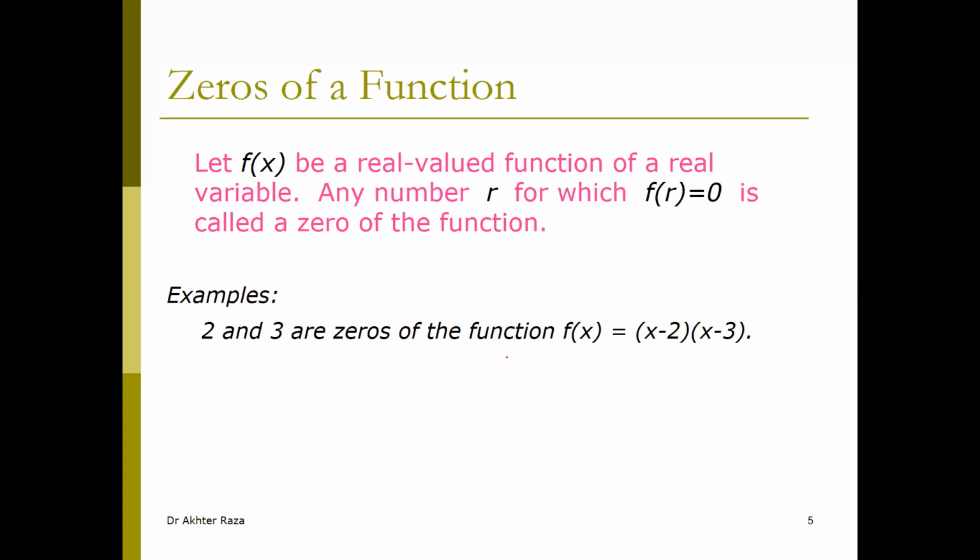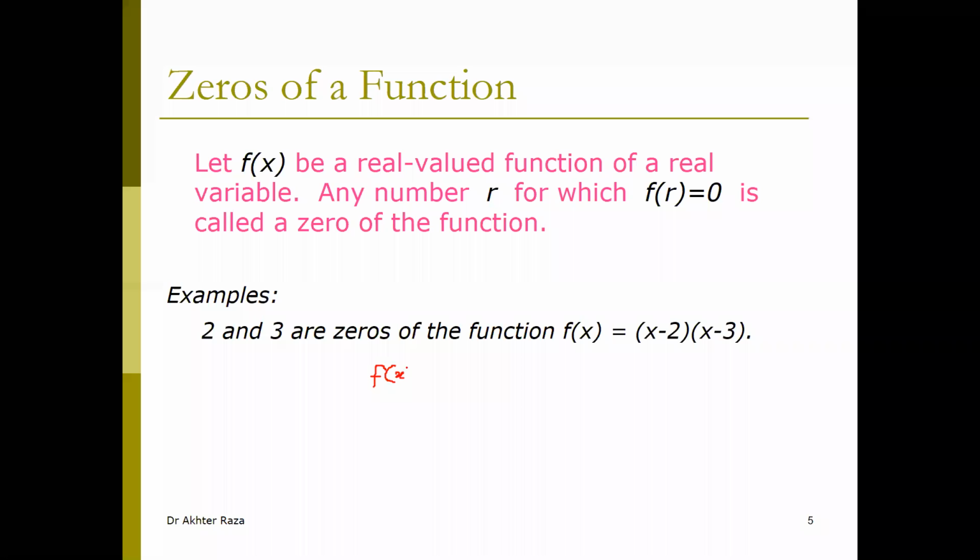Another name for finding the roots is finding the zeros. So if we have a function which has two roots, x minus 2 and x minus 3, then 2 and 3 are the zeros of this function because f(x) is equal to 0.